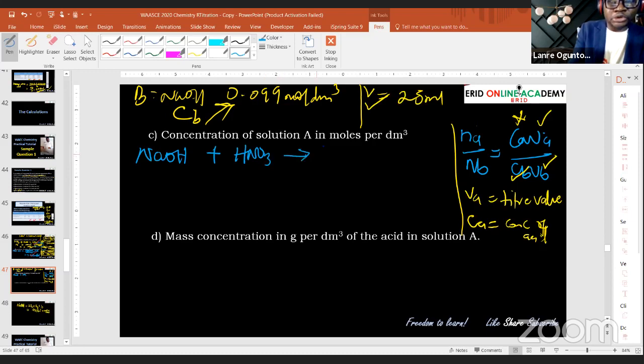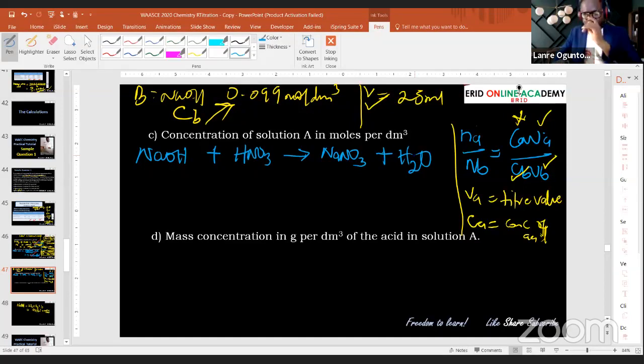Balance the equation. It's going to give you sodium nitrate, NaNO3, plus water. This is a very simple equation to balance.